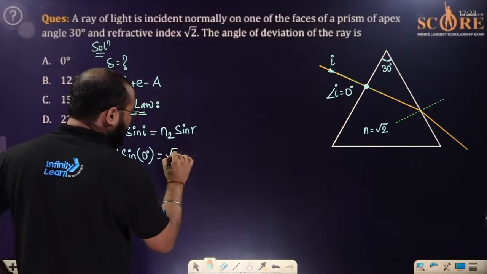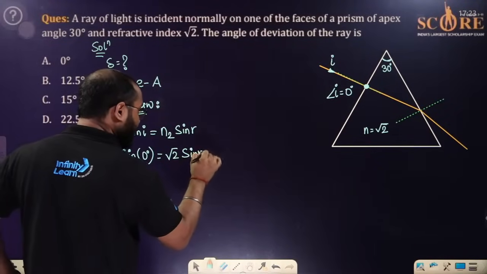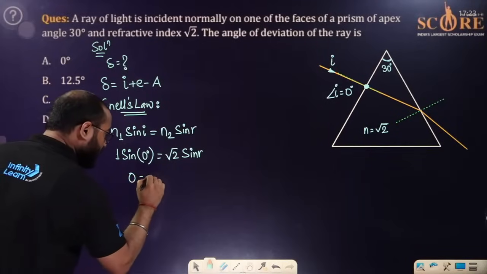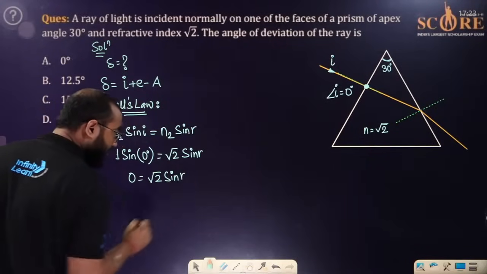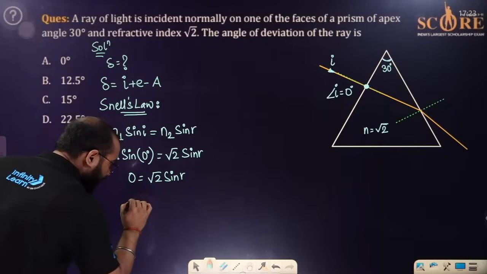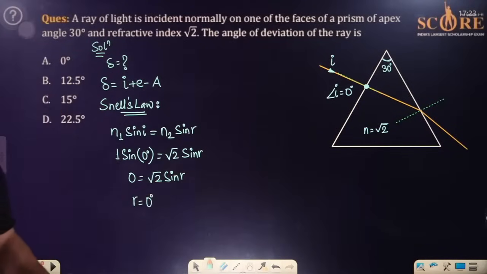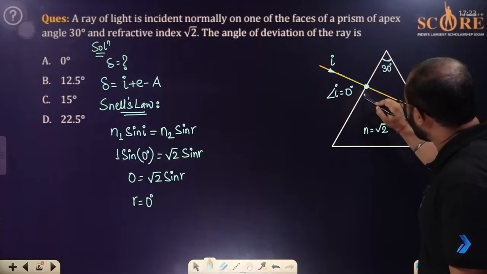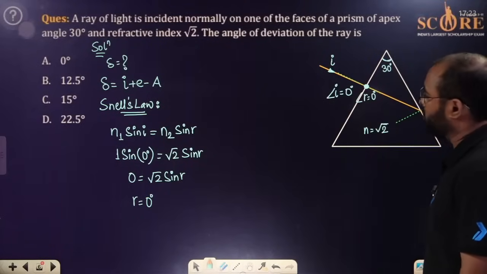N2 is the refractive index of the prism, that is root 2, sine R. Now sine 0 degree will be 0, equal to root 2 sine R. Getting my point? If so, R will also equal 0 degree. You can solve it. If this is I and this is R, then R is also going to be 0 degree itself.